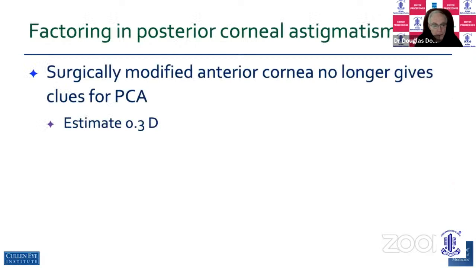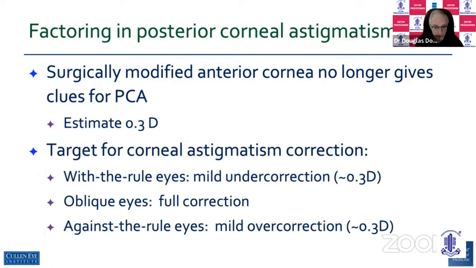And what I did in this, when I did these calculations, is that remembering that the surgically modified cornea doesn't tell you anything about the posterior corneal astigmatism. So for these eyes, I just estimated it was 0.3 diopters against the rule. I targeted with-the-rule eyes for a little undercorrection, leaving them a little bit with the rule.